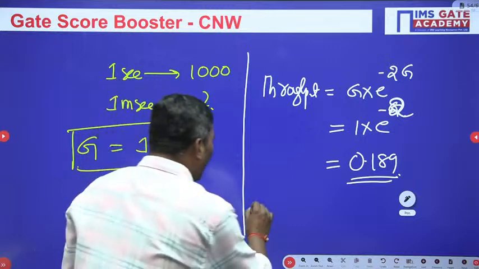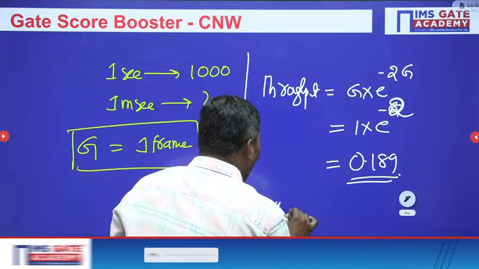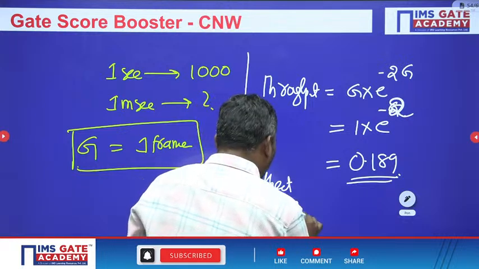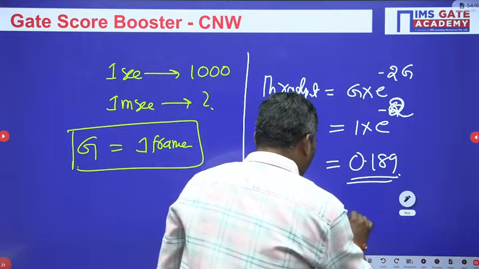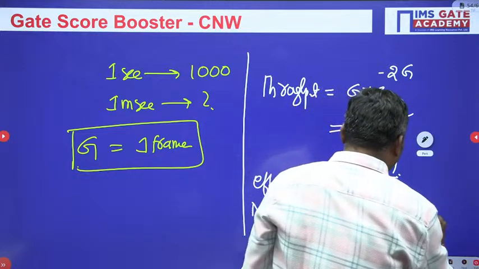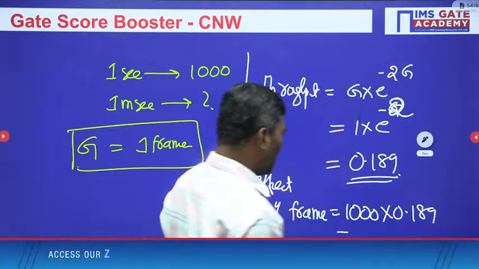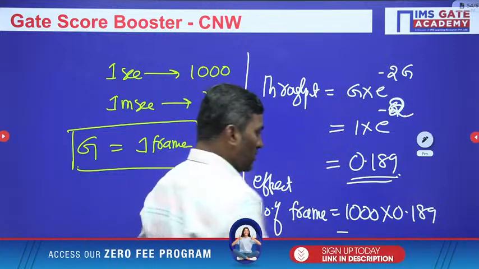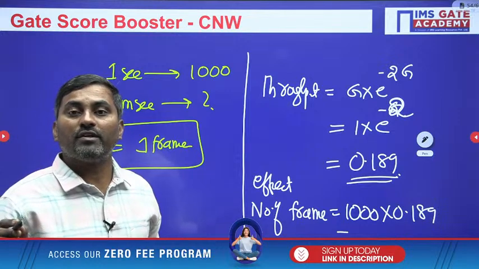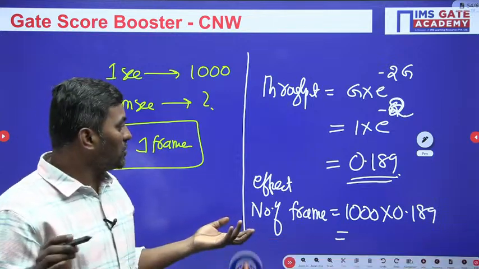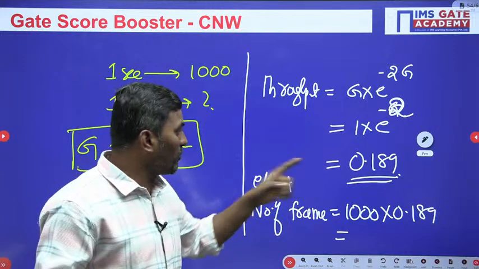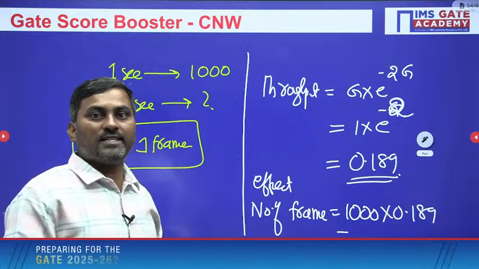So now the effective number of frames transmitted is 1000 into 0.189, correct? I hope this is correct. Any changes? Sorry, it is 0.1353. JP, check. JP, are you sure 0.189, or is it 0.135?